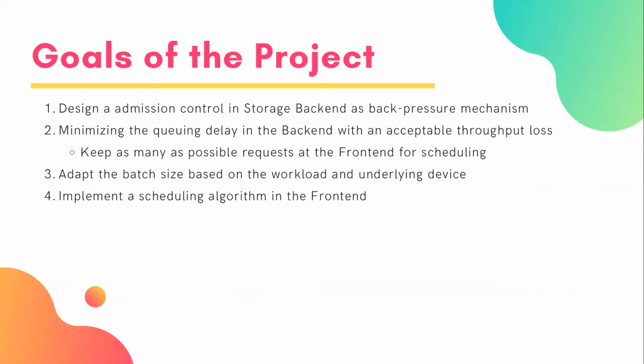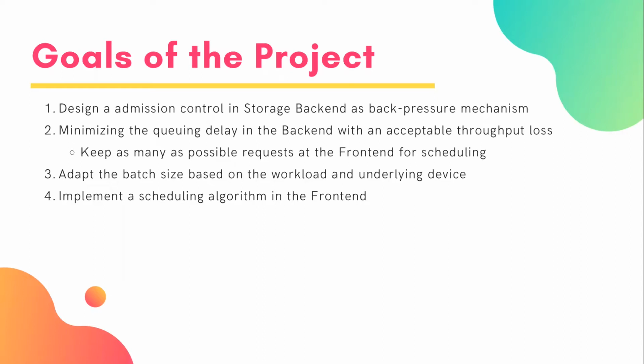So our goal for this project is to design an admission controlling backend to control the batch sizes, basically creating a backpressure mechanism in the backend. By doing this, we are trying to minimize the queuing delay in the backend, but we really need acceptable throughput.